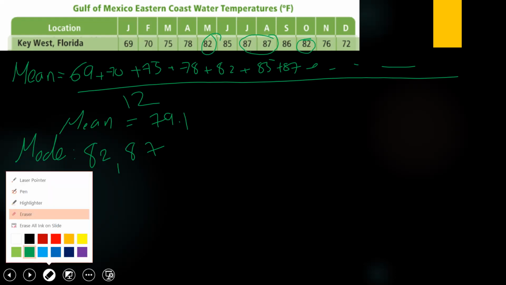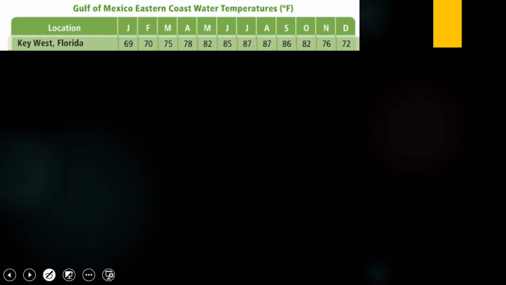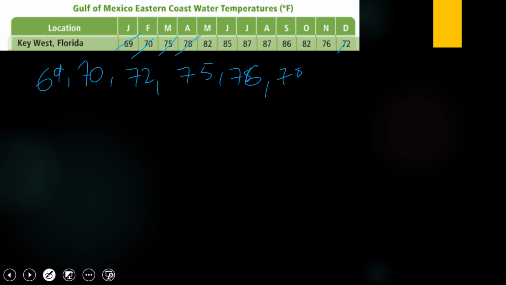So let's clear now. 69, 70, 72, 75, 76 before, then 78, then 82, 82, 85, 86, 87, 87. This is how we ordered the data.